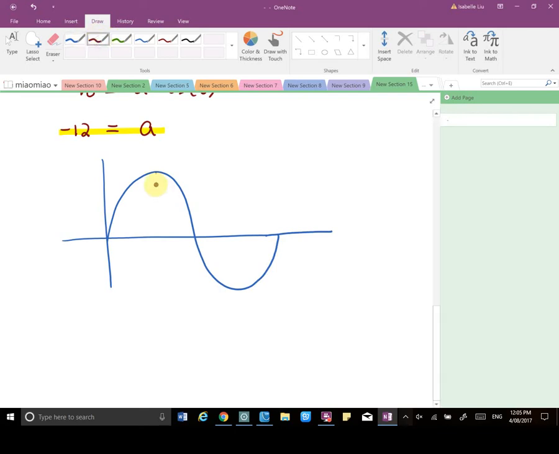From the maximum to the minimum, this part of the graph, how long is that? According to the period, how many periods is that? Half a period.